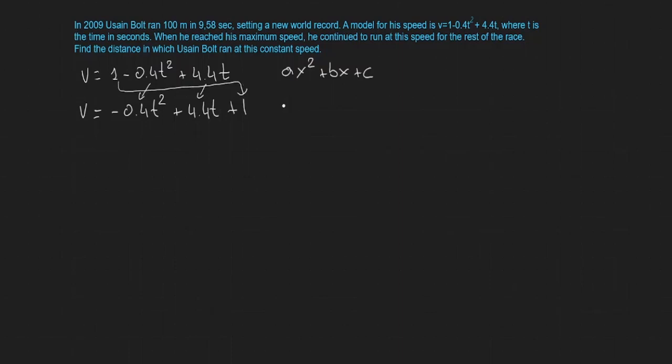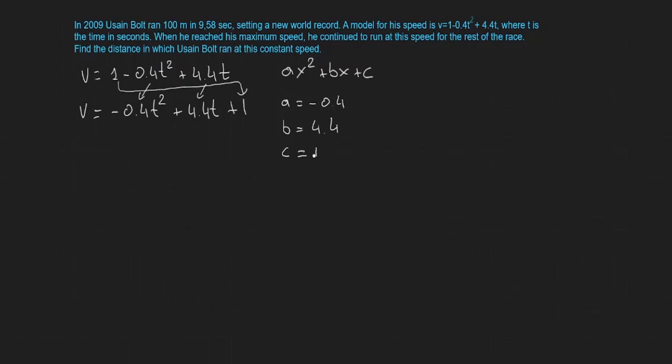Now we can determine the values of a, b, and c. In our case, a equals negative 0.4, b equals 4.4, and c equals 1. Our next step is to find the shape of the speed.